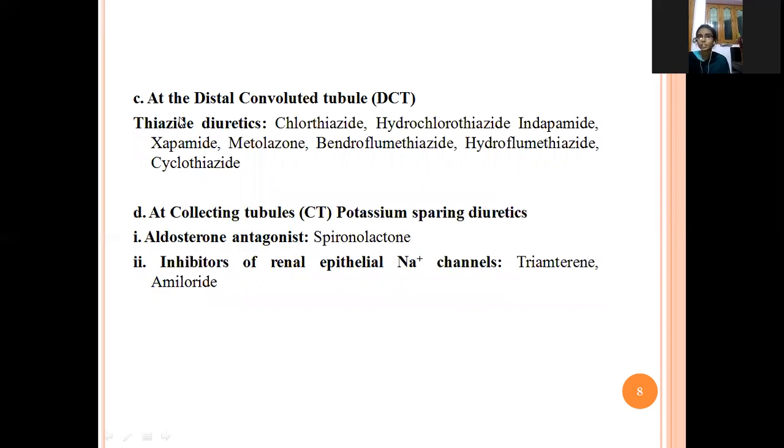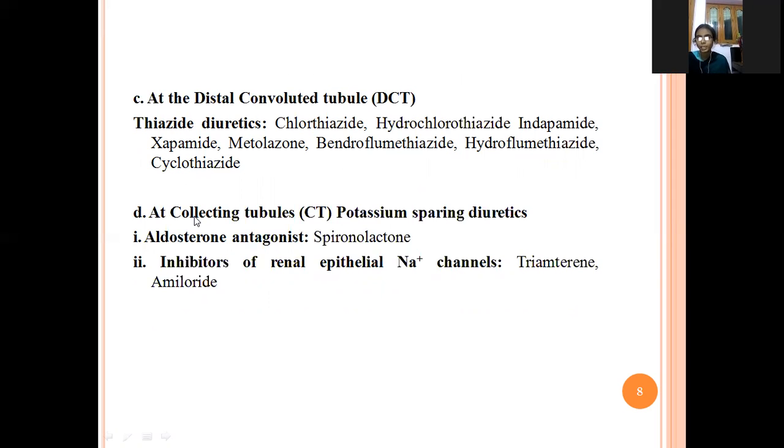So next one is at the distal convoluted tubule, in this thiazide diuretics. Examples are chlorothiazide, hydrochlorothiazide, indapamide, xipamide, metolazone, and bendroflumethiazide, and hydroflumethiazide, and cyclothiazide.